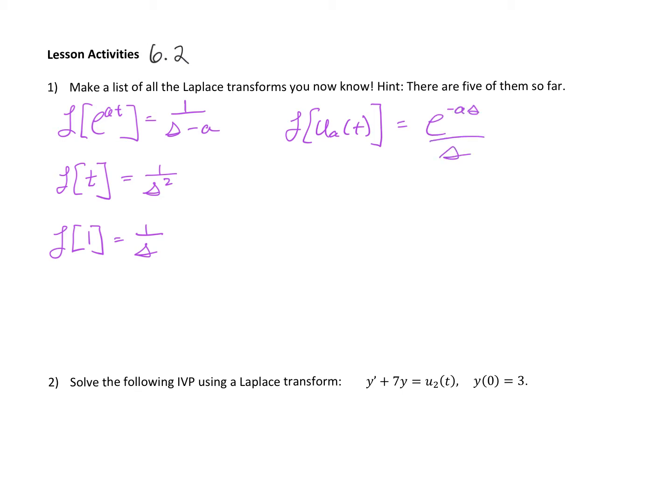And then finally, this last one is the one that I just gave you in the demo earlier in 6.2, but I didn't want to derive it. So it said that the Laplace of the Heaviside function times e to the negative k times t minus a is e to the negative as over s plus k.